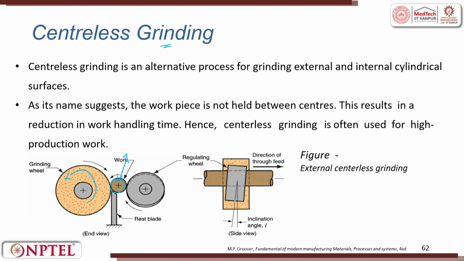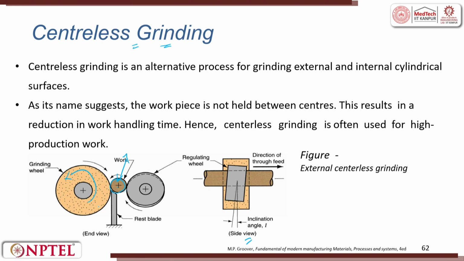The regulating wheel is always at an angle such that it tries to bite and pull the workpiece inside, grinds it and throws it out. Small shafts like this can be easily ground cylindrical by using a centerless grinding machine.